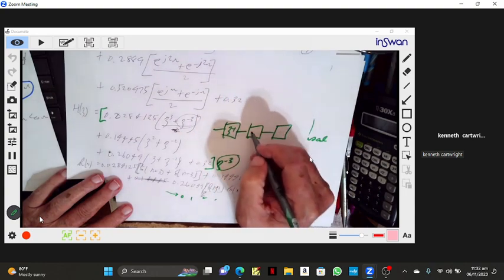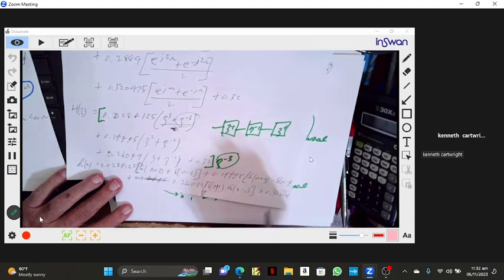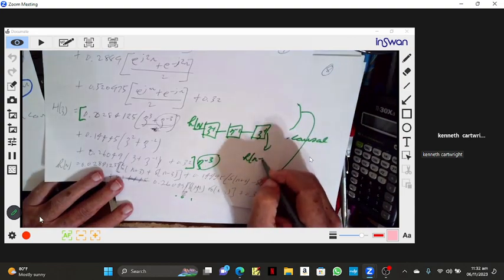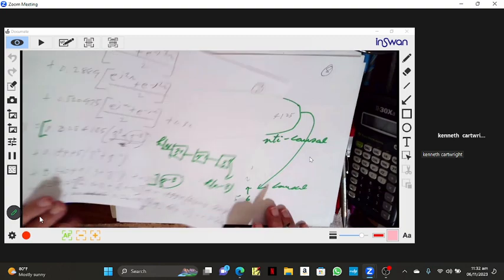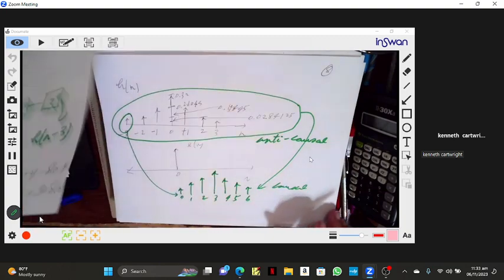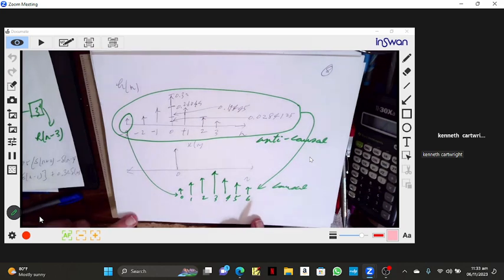So we pass this h of n, and out here we'll get h of n minus 3, and h of n minus 3 is causal. Any questions about that?